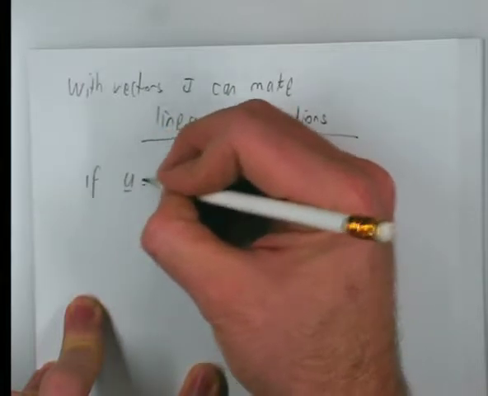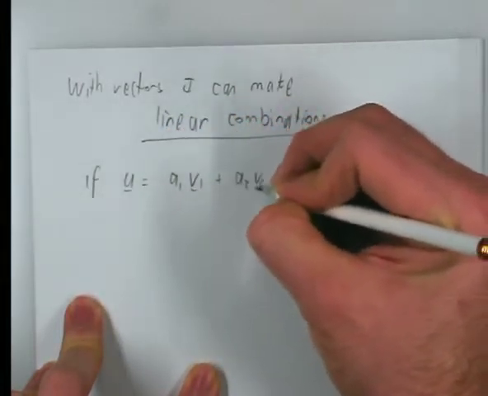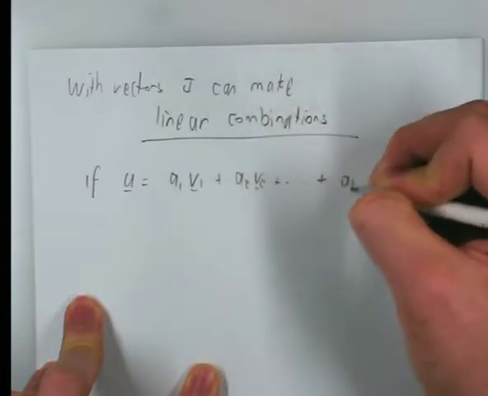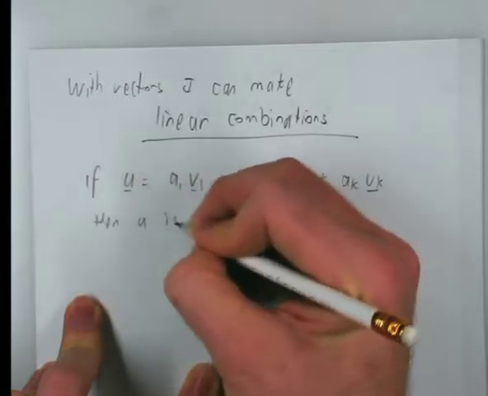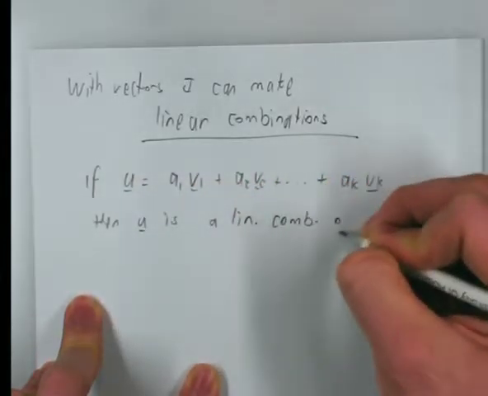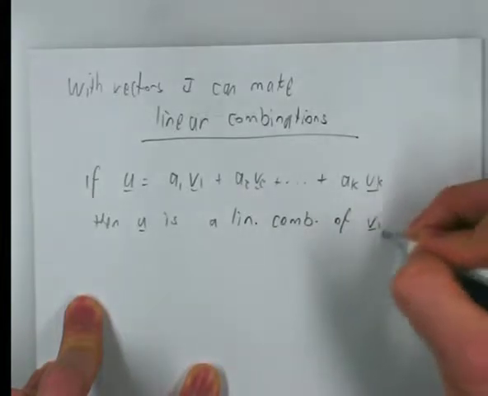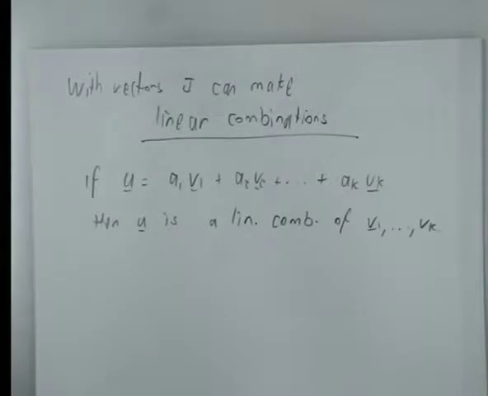If U is something of V1 and something of V2 and something of Vk, then U is a linear combination of V1 up to Vk. That's the definition of what linear combination is. It's a terminology. It's not really a thing, it's just a terminology.